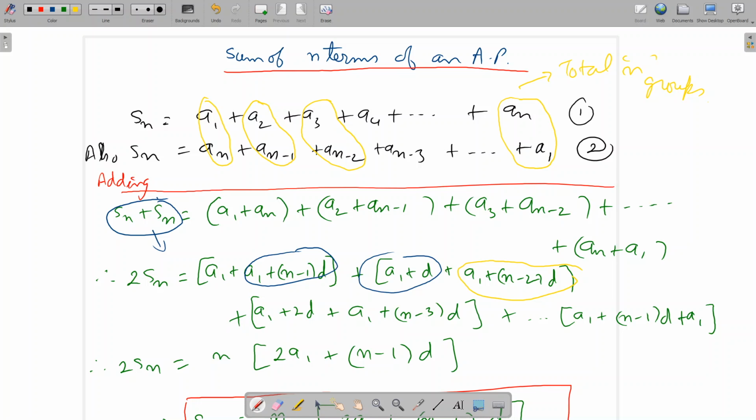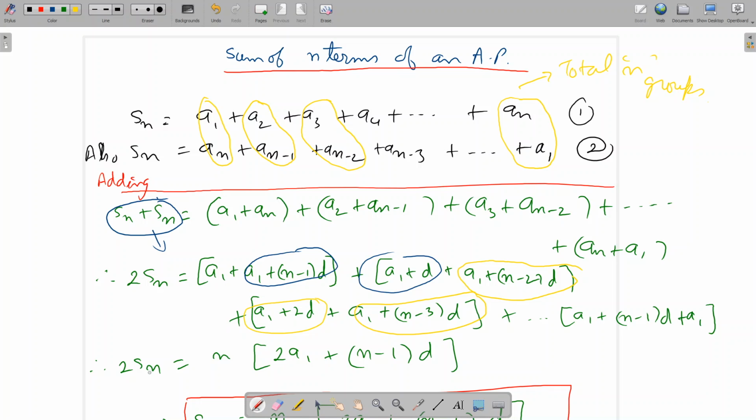The same process follows in the third pair: a3 can be written as a1 plus 2d, and an minus 2 can be written as a1 plus n minus 3 into d. So on till the last one: an can be written as a1 plus n minus 1 into d, and this a1 will remain as it is. Now we'll add the terms in each group.